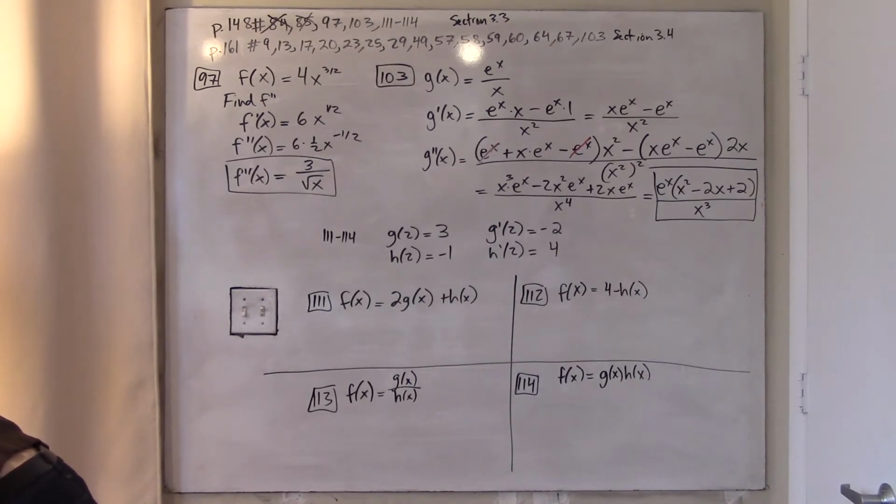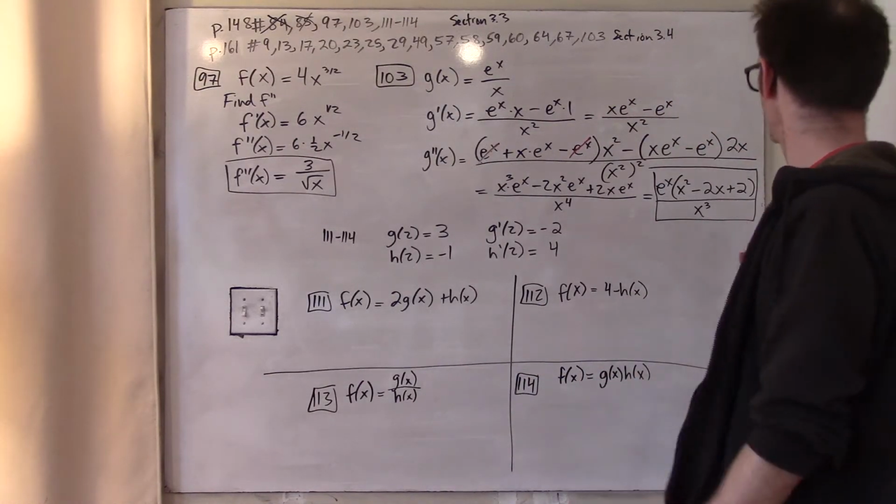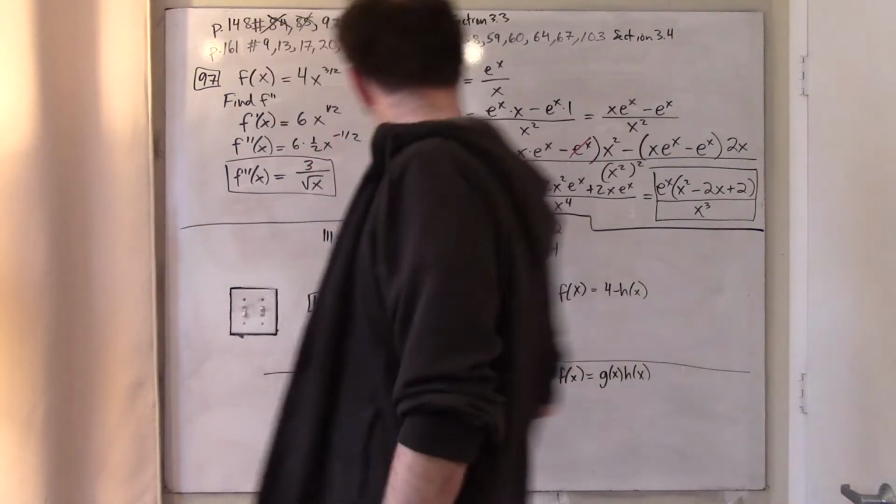Give me 1 second, because there were some opportunities there for mistakes. So I would hate to have that wrong. E to the x over x cubed. Yeah, that's right. E to the x over x cubed times x squared minus 2x plus 2. Okay, so, alright. I guess we've proven our point that the quotient rule is messy or something.